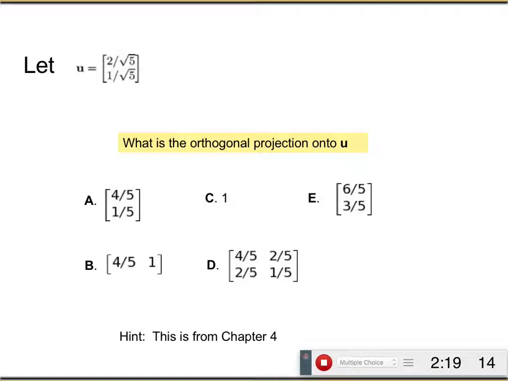So I have a vector that looks something like that, and I want to know what's the projection matrix that gives me the orthogonal projection. You can work with your neighbor on this one.